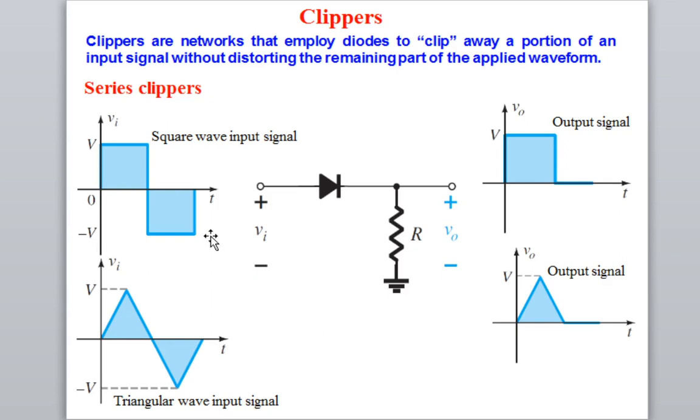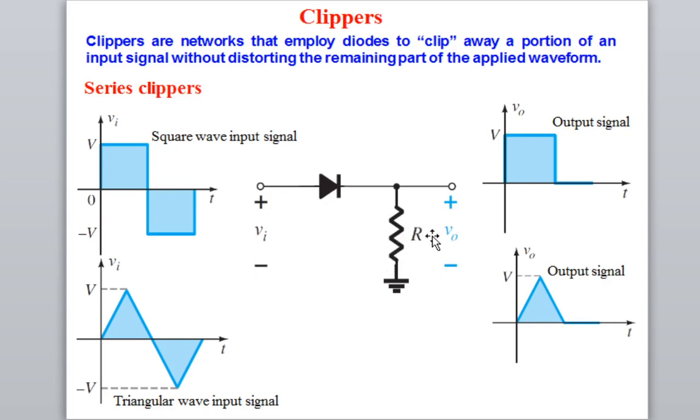If you apply this square wave signal, from 0 to plus V, that means the positive terminal is connected to the diode, the diode is in forward bias. If the diode is in forward bias, it will conduct current, and that diode current will appear across the load resistance.